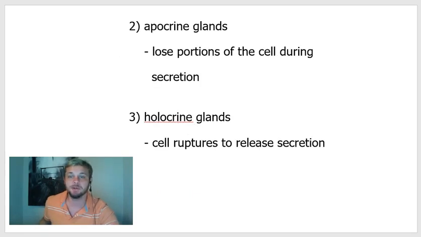And then we have apocrine glands. When they do it, apo kind of makes me think of apoptosis or programmed cell death. So these apocrine glands actually lose a little bit of the cell during the secretion. Apocrine glands tend to release a thicker, milkier, or protein-rich sweat.